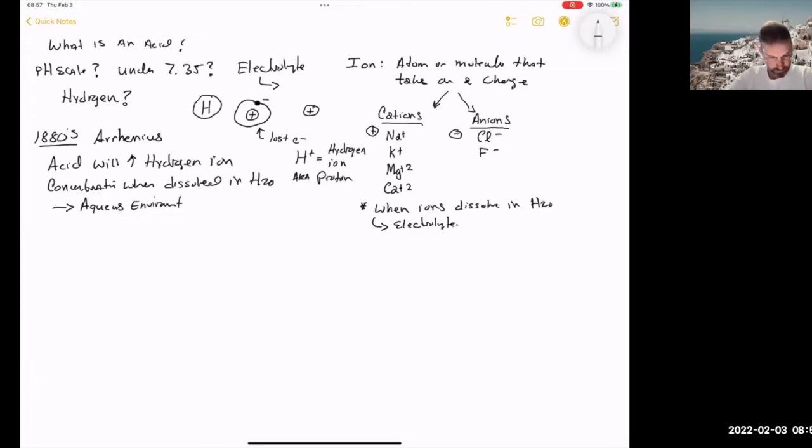So that's what Arrhenius came up with. Then about 30, 40 years later, in the 1920s, a more robust definition for acids and bases came up, from two guys named Bronsted and Lowry. I believe at least one of them was a Swedish physical chemist.